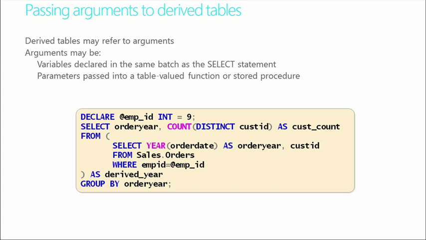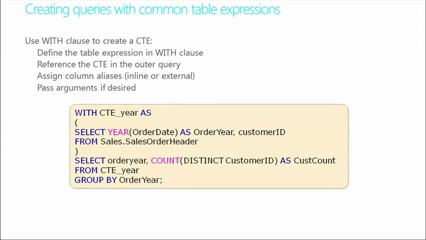And we're going to pass the ID of that customer in as a variable when we use this derived table. Now the CTEs are common table expressions. We just got a nice demo from WS on this. With CTE year as, we're going to select the year, order date as order year, customer ID.